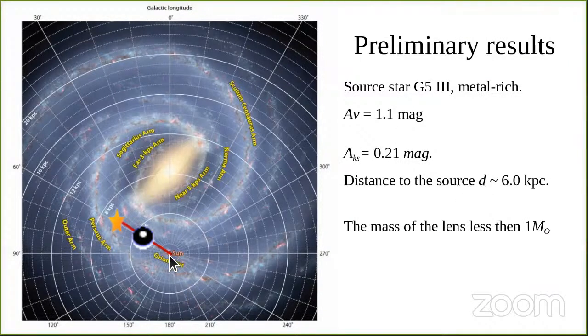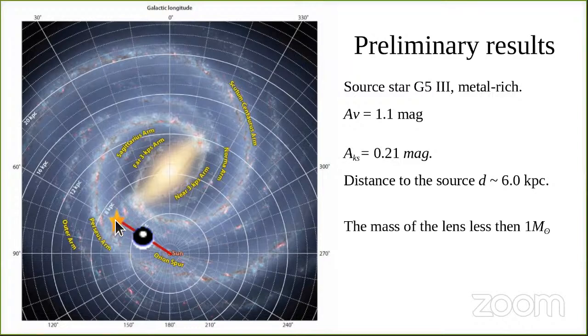From the Sun, with galactic longitude 62, our source star is somewhere in between Perseus and Sagittarius. And the spectral analysis provides us information that this is a metal-rich star, or close to it, close to solar.